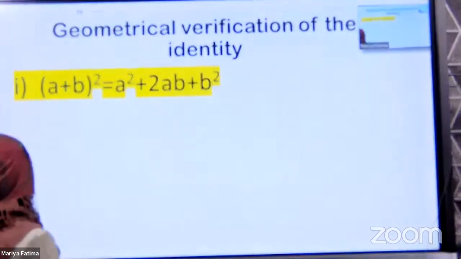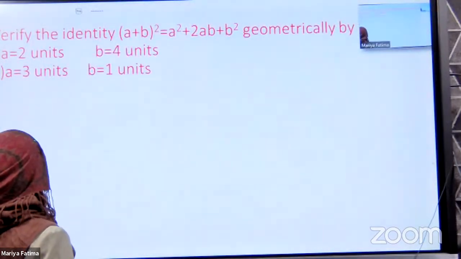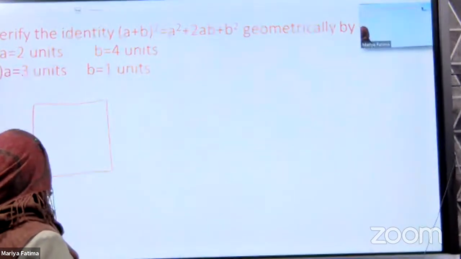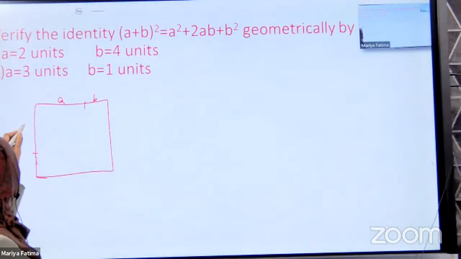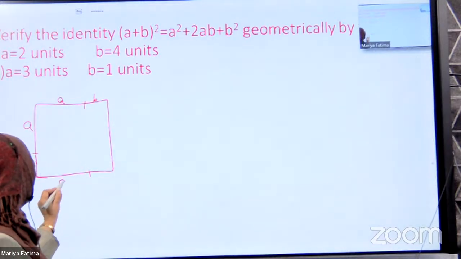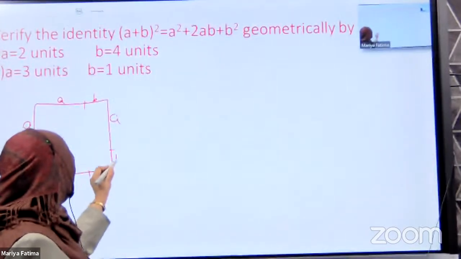Now suppose here I am drawing one square. I am saying that this much part is a and this much part is b, and on this side also this much is a and this much is b, and in the same way here also it is b, a, and here also it is a, b.